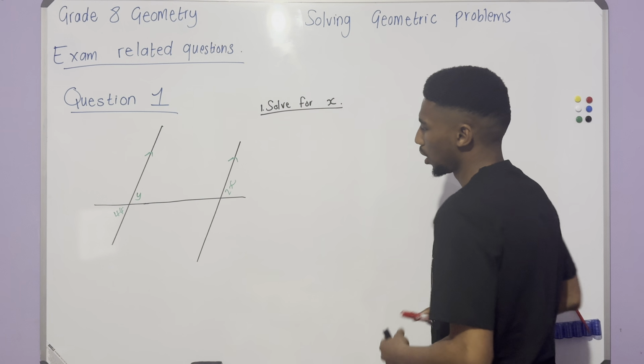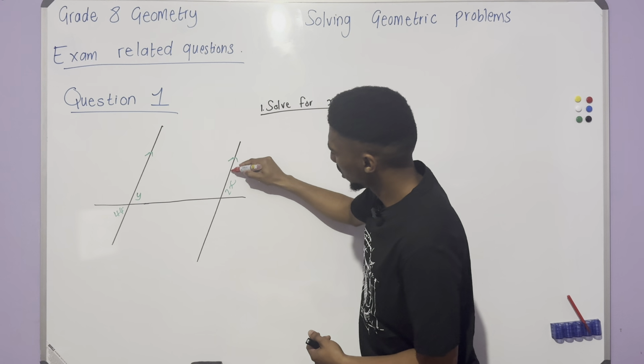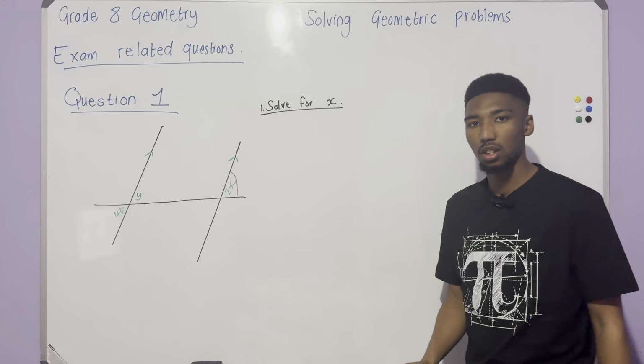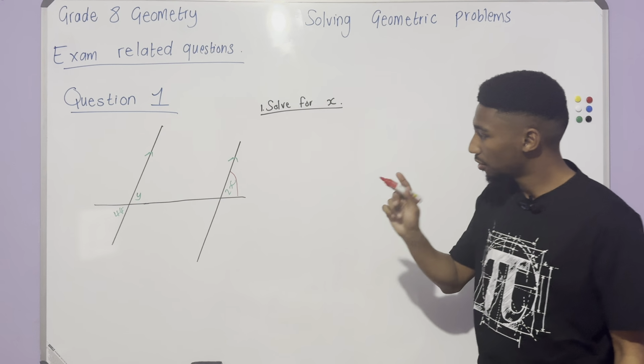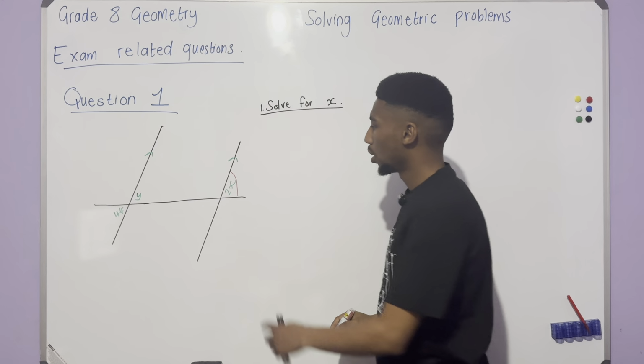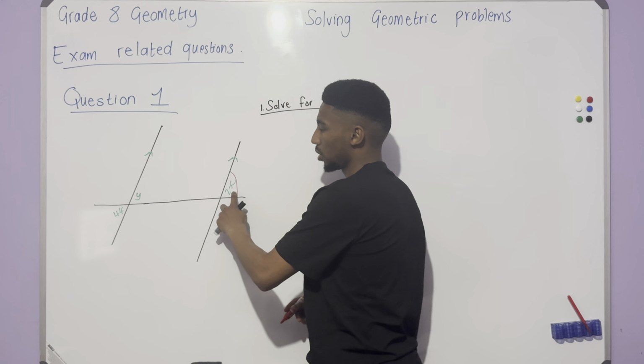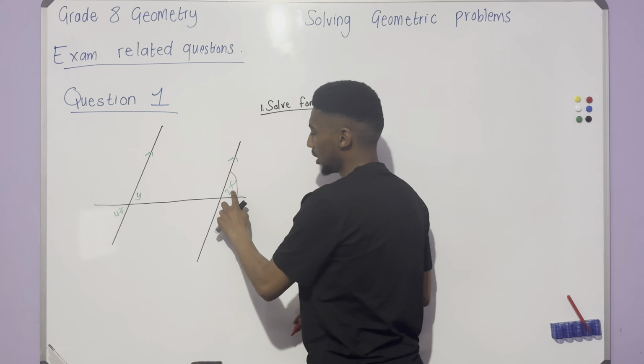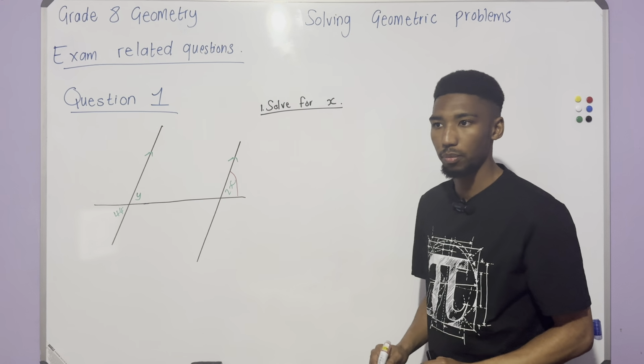Now, we can see that x is this angle over there, which is 2x. We need to identify what type of shape or how this y or this 44 is relating to this 2x over here.